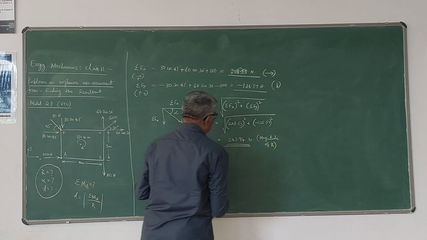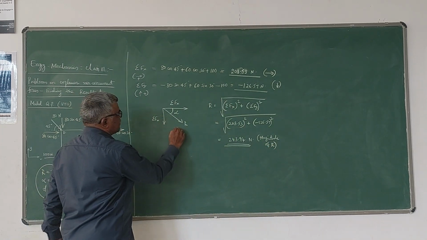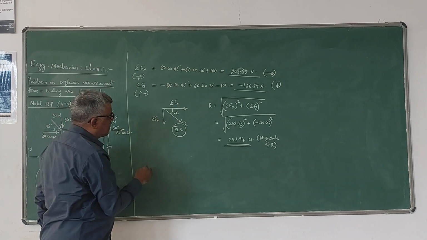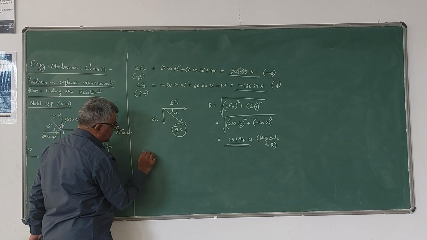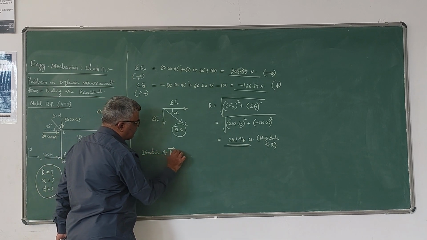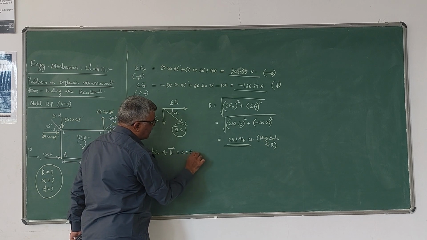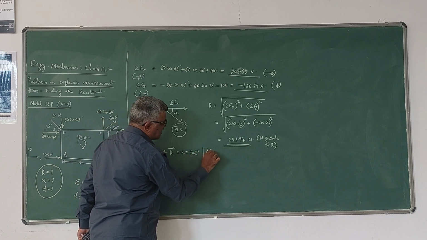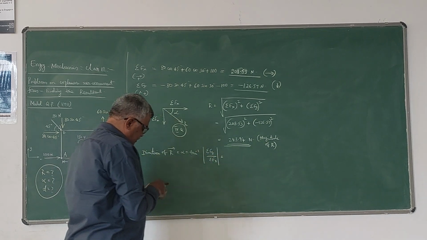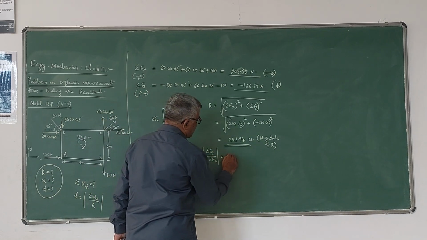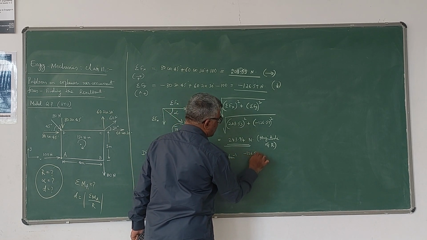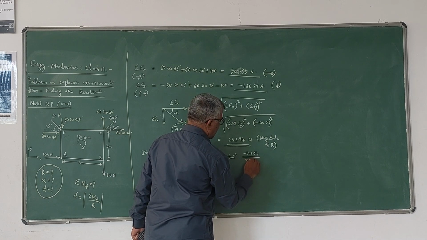Now the direction: you know that R lies in the fourth quadrant from the signs of sigma Fx and sigma Fy. Direction of R, which is given by alpha, is equal to tan inverse of modulus sigma Fy by sigma Fx, which is tan inverse of modulus minus 126.57 divided by 208.53.